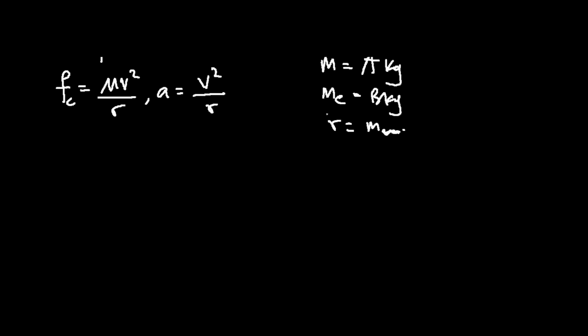Do you see that question now? I gave you the mass of the moon. You are given the mass of the earth. You are given the distance between the center of the earth and the circumference where you have the moon. And you are asked to calculate for centripetal force. In this case, you don't have anything like v squared.